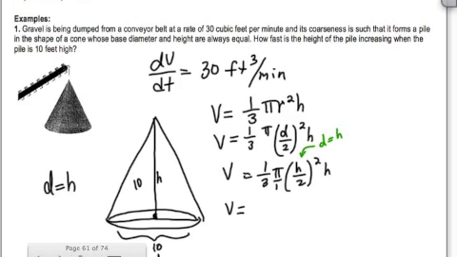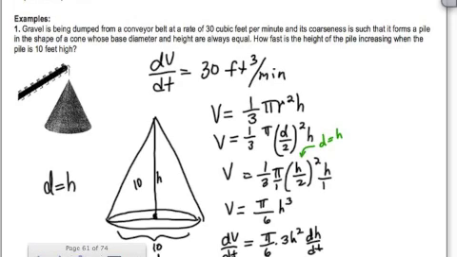Think of these as fractions: multiply across the top, multiply across the bottom. The denominator is 6. What's the numerator? H to the third, and pi. So I have pi over 6 h to the third. So dv over dt is pi over 6 times 3 h squared dh over dt. And then we can solve it from there.